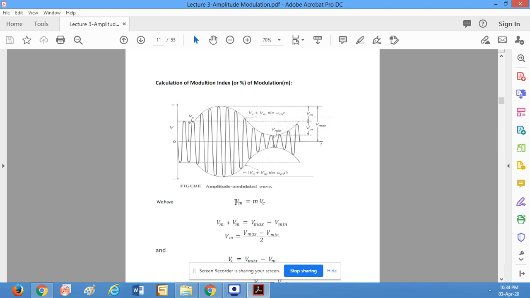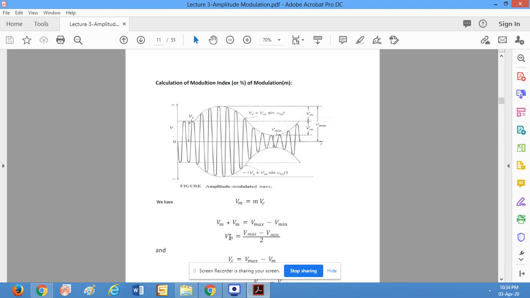So we have Vm equals m times Vc, where Vm is the amplitude of the modulating wave and Vc is the amplitude of the carrier wave. Looking at the figure, we have Vm plus Vm, that is given as Vmax minus Vminimum.